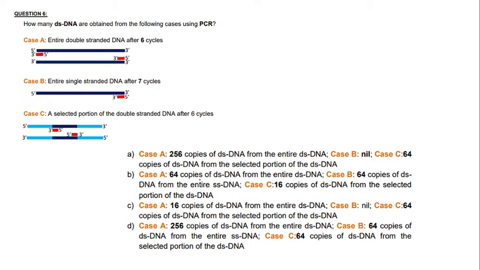In case A, entire double stranded DNA after 6 cycles. Case B has a entire single strand DNA after 7 cycles. And case C is a selected portion of the double stranded DNA after 6 cycles.